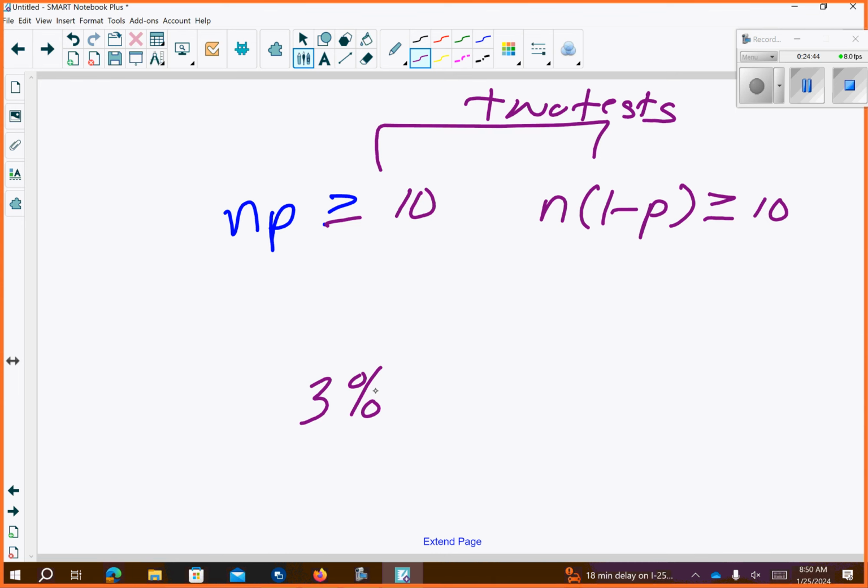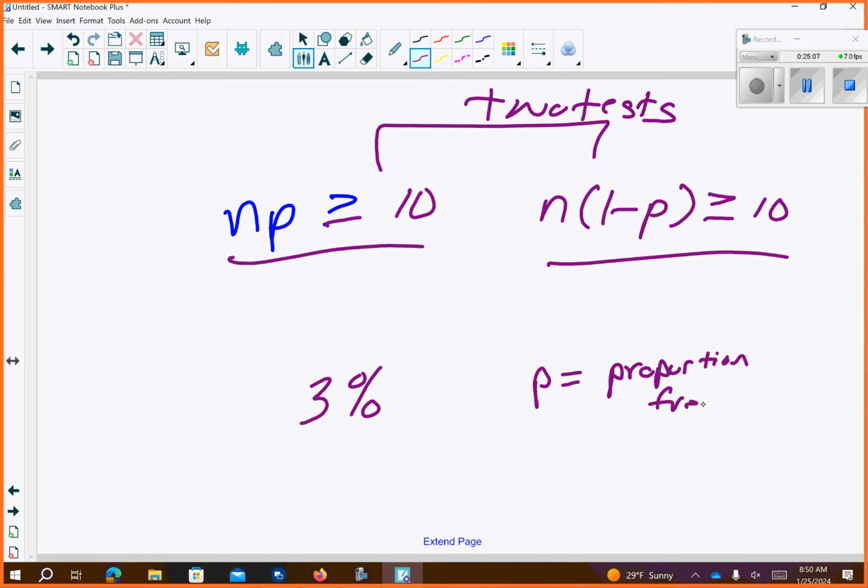We don't know how many people we're using, so we use these two equations to verify if it works. P is the proportion that's given, whether it's a fraction or a decimal, and n is the sample size.